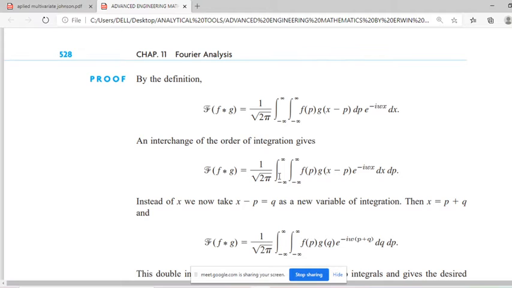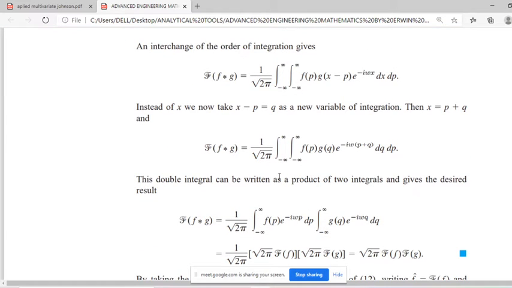So now let us consider x minus p is equal to q, then x equal to p plus q. So Fourier transform of f star g is equal to 1 by root 2 pi integral minus infinity to infinity, again integral minus infinity to infinity f of p g of q, because x minus p is q, e raised to iw into p plus q dq dp.